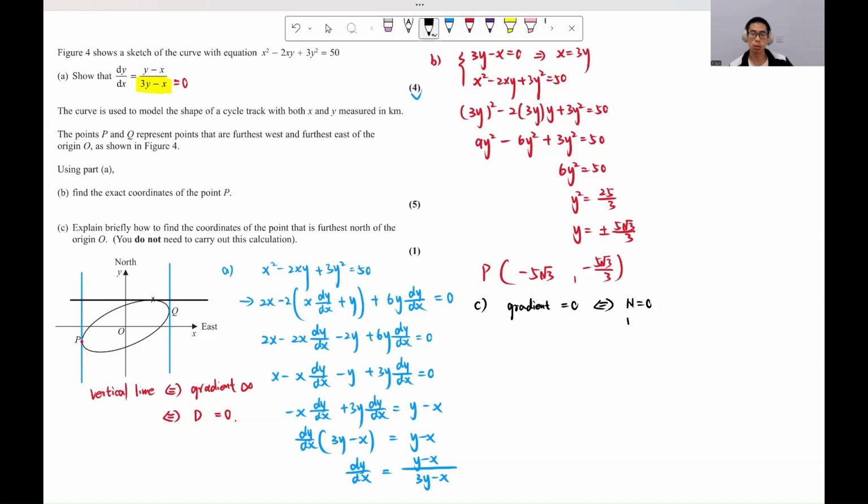So basically, y minus x is equal to 0. So all we have to do to find the furthest north point is solve the simultaneous equations y minus x equal to 0 and x squared minus 2xy plus 3y squared equal to 50. Then that will give us the answer. So solve the simultaneous equations.